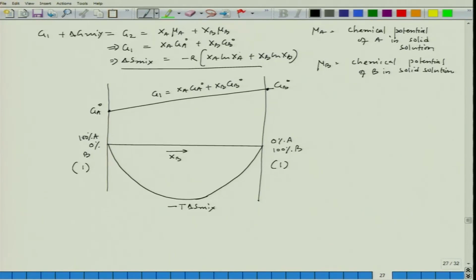And here, since del H mix is 0, which is the enthalpy of mixing because of the ideal solution, this becomes del G mix. So, now we have drawn this equation as well as minus T del S mix we have plotted.